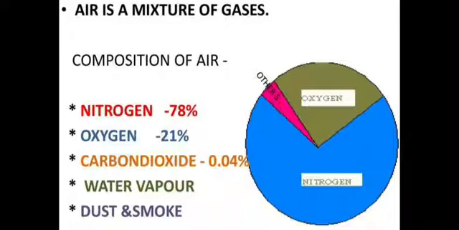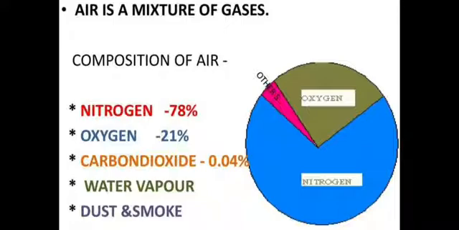It has gases like nitrogen, oxygen, carbon dioxide, water vapor, dust and smoke. Apart from these, you have other gases like argon, helium and all. These gases occupy the different layers of the atmosphere as air.